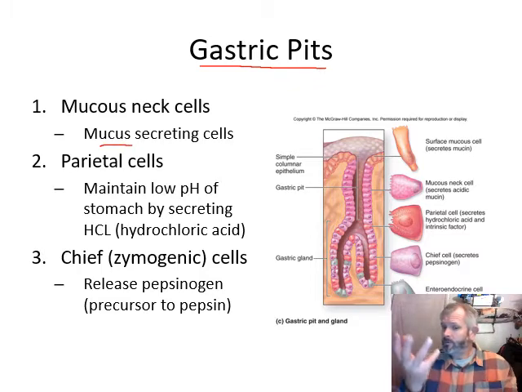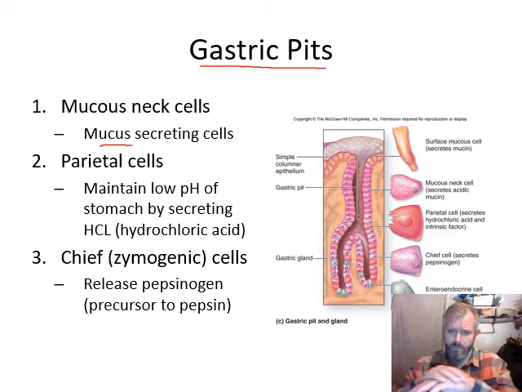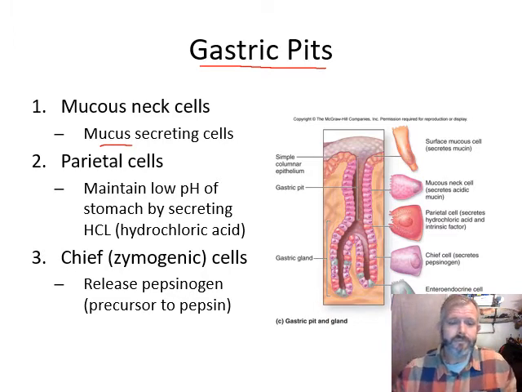Remember, we're making this a very low pH environment, at least in the stomach here. So we need to have that kind of mucus coating, because that low pH can be corrosive to the cells. So we've got to have a layer of mucus to help keep those cells that line the stomach from getting corroded, to help protect them.